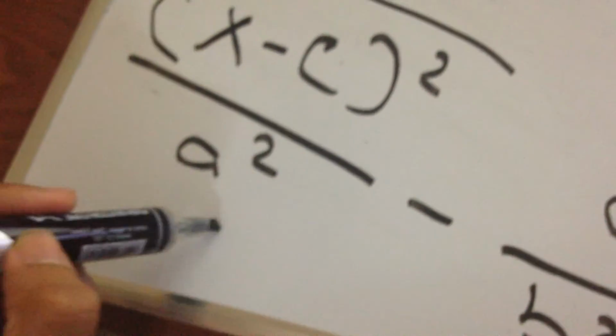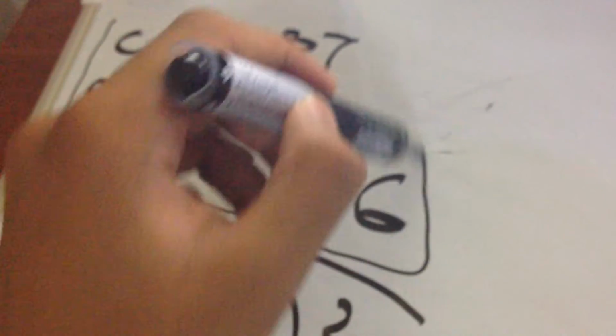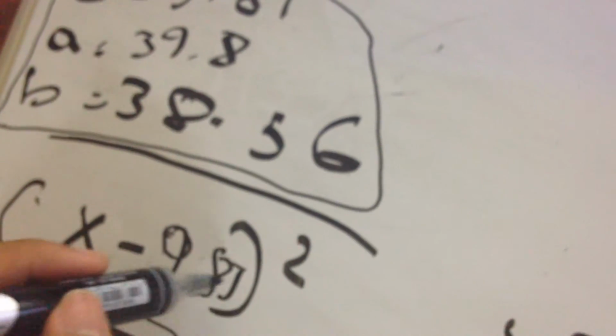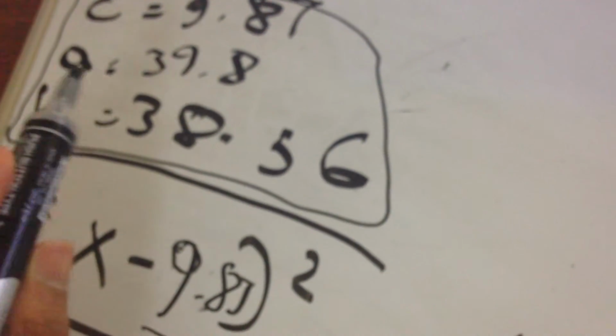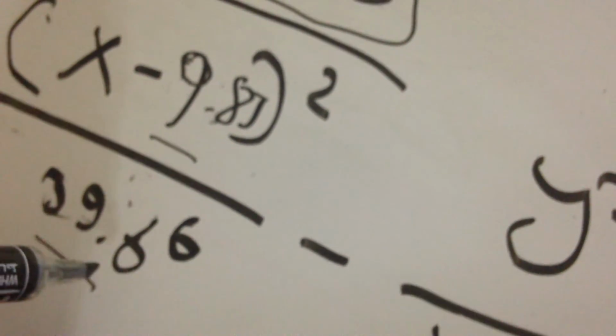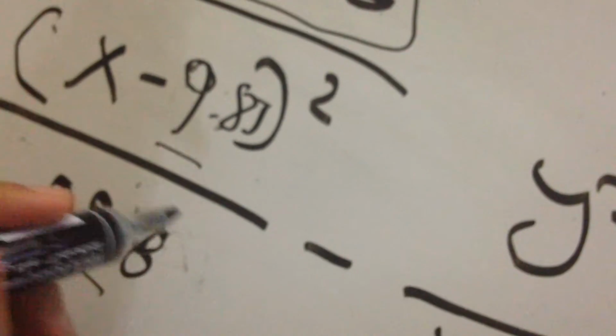So we need a, c, and b. c is 9.87. a is 39.8, squared.